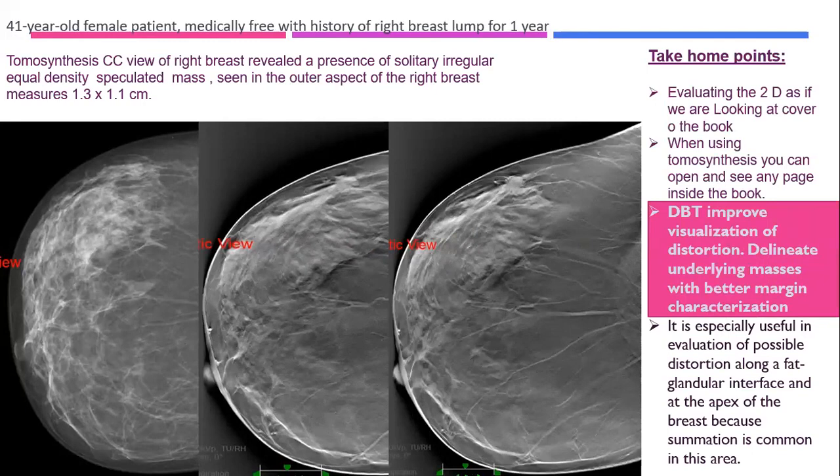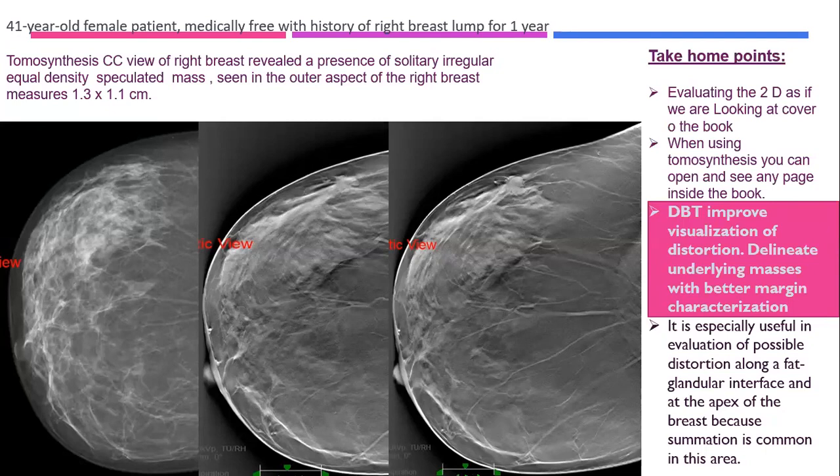Evaluating the 2D is like looking at the cover of a book. But when using tomosynthesis, it is as if we open the book and look inside, page by page. It improves visualization of distortion and delineates underlying masses with better margin characterization.